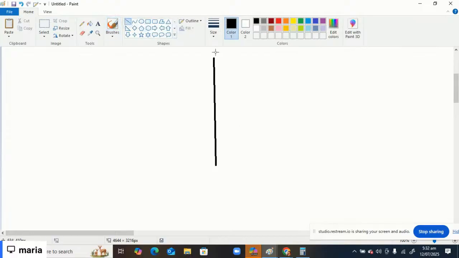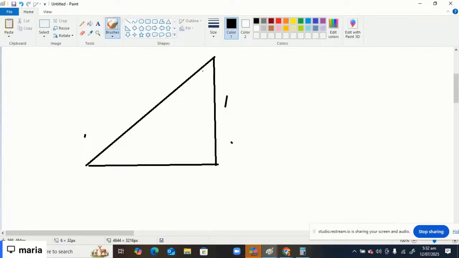All right. For cos 45, let me use this triangle here. Look at this: this side is 1, here it is 45, that is 45, and this angle is 90. So this is square root 2. What is cos 45?